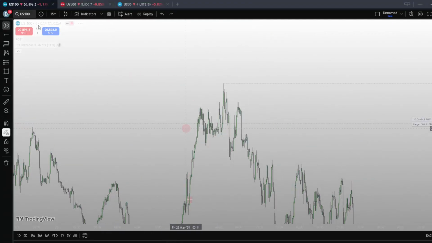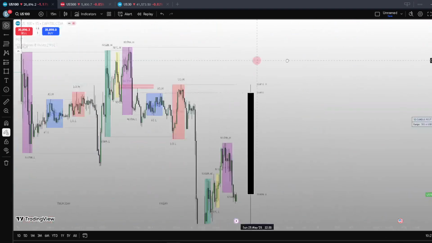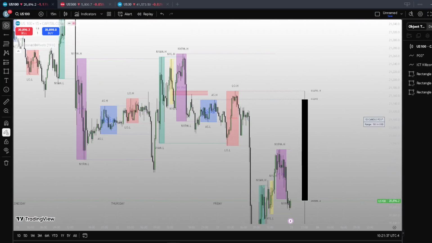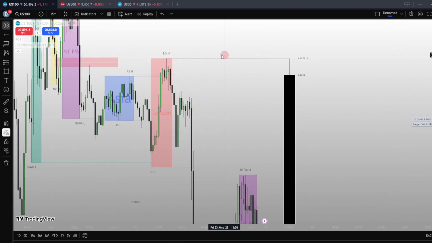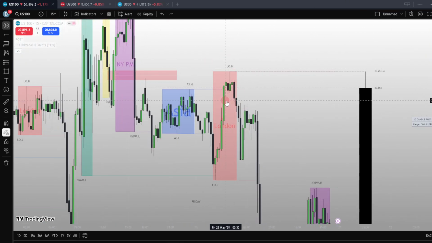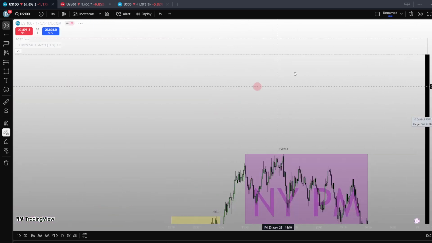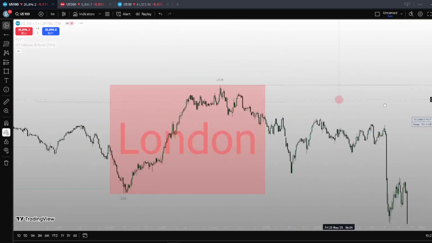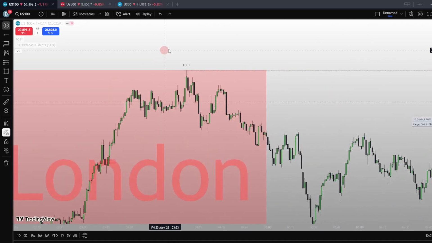Now let's use another example, also for the London session high. What happened here was price still retraced into this BPR, and after price retraced into that BPR, I would go to the 1 minute time frame and look for the entries.